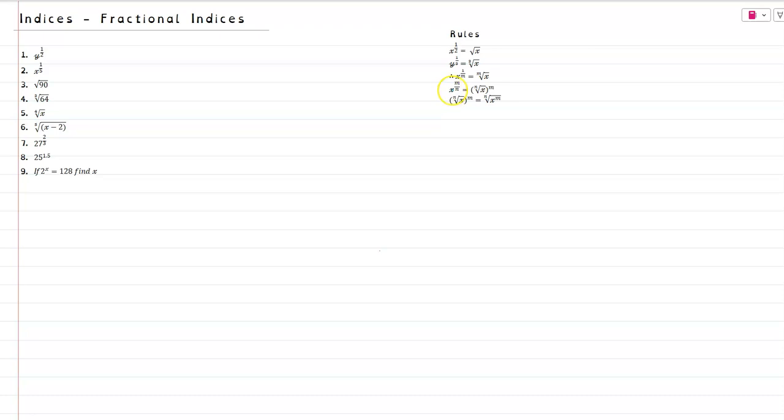Okay, also, when the power has a fraction, we can put the power in our root, and then the base of our power would be the number under our root, and the numerator of our power would be the power of that root.